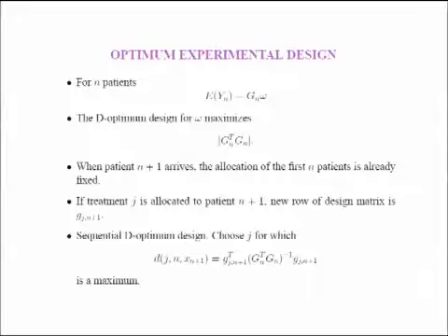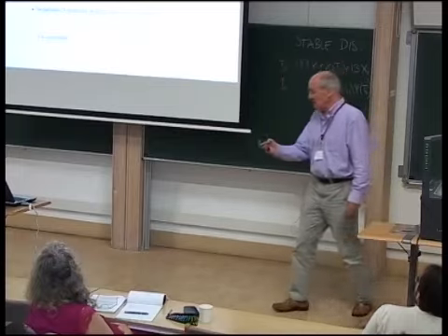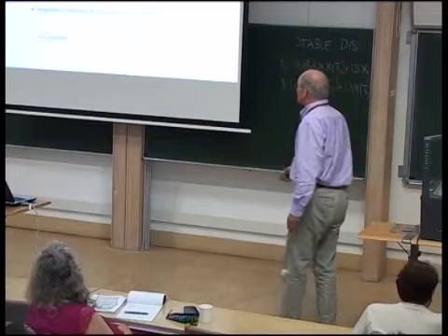You maximize this determinant by allocating patient n+1, who arrives with a vector of prognostic factors. They will be allocated where this variance is a maximum. This is like the sequential D-optimality in the first talk that we had this morning.